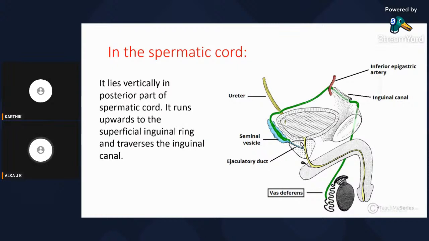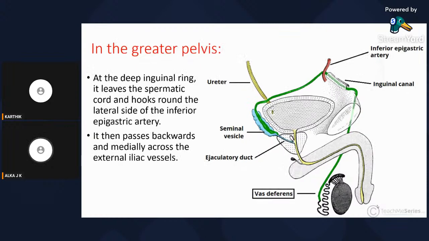It runs upwards to the superficial inguinal ring and traverses the inguinal canal. That's why it is very much important. In the spermatic cord, if we are palpating, we can feel the rod-like structure externally also, and we can assess that it is the vas deferens, and there only the doctors are going to do the vasectomy.